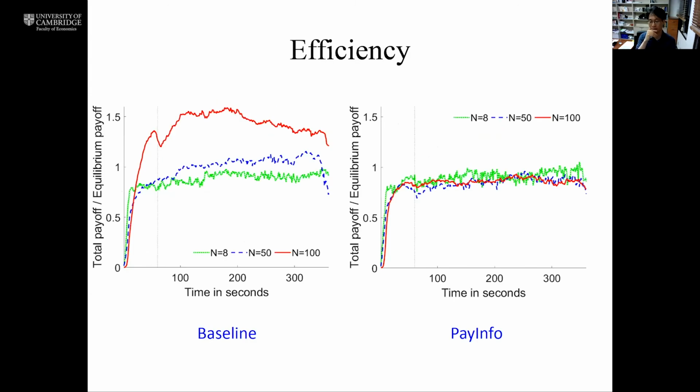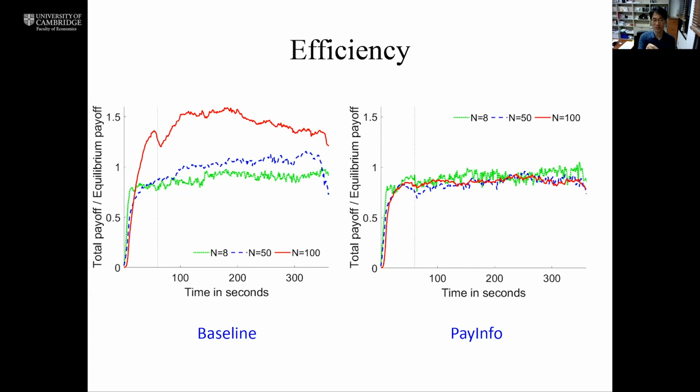here the best Nash equilibrium network structure is a star network. So everything is normalized by the star network, and then you can see that in all group sizes, the level of efficiency is very close to the efficiency achieved in the star network.